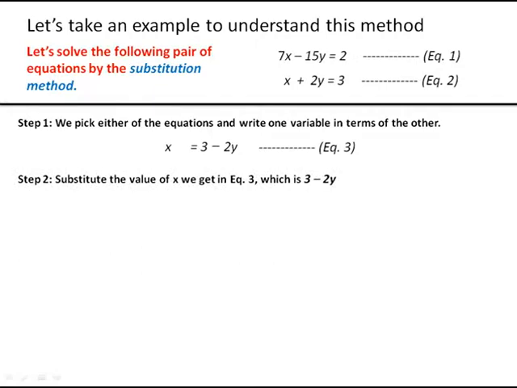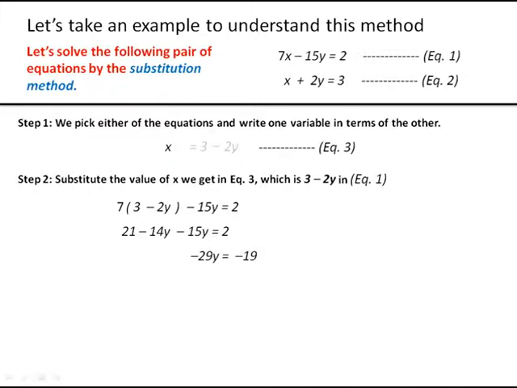Step 2. Substitute the value of x we get in equation 3, which is 3 minus 2y, in equation 1. So we get 7 into (3 minus 2y) minus 15y is equal to 2. Expanding it, we get 21 minus 14y minus 15y is equal to 2.